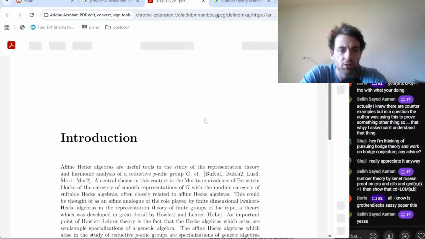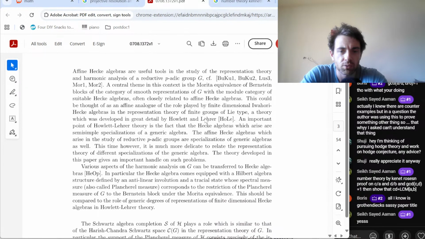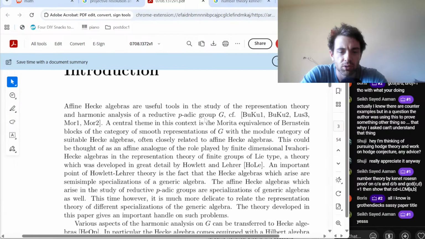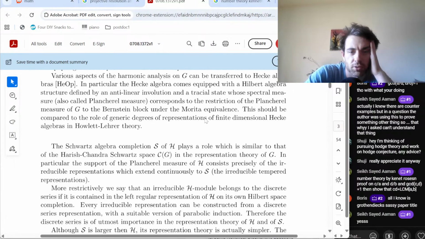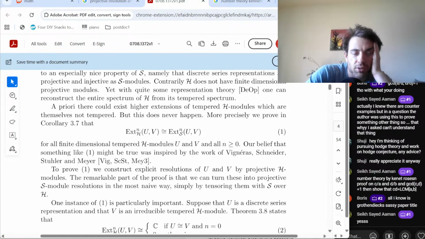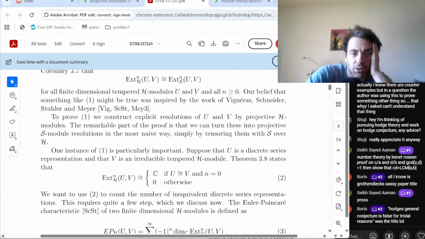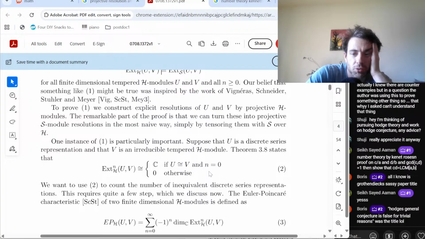Yeah, let's take a look here. I think this paper gives some ways to... Yes, Ext groups. This is what I want. Tempered modules. To prove one, we construct explicit resolutions. Oh, yes, right.